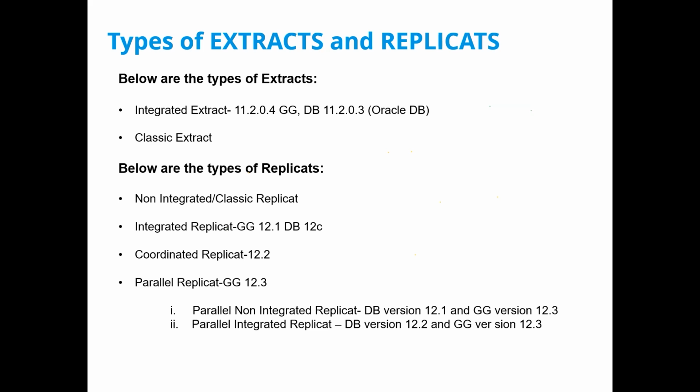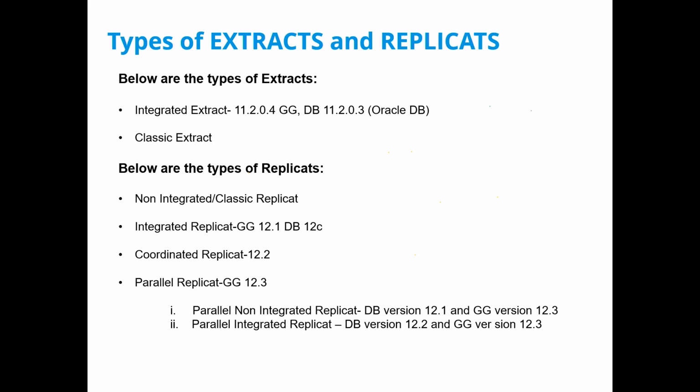There are different types of extracts available. Integrated extract was launched in GoldenGate 11.2.0.4 and database 11.2.0.3. Integrated extract is the latest one. Classic architecture was basically renamed. Initially, when GoldenGate was launched, there was only one type of extract and it was called extract.